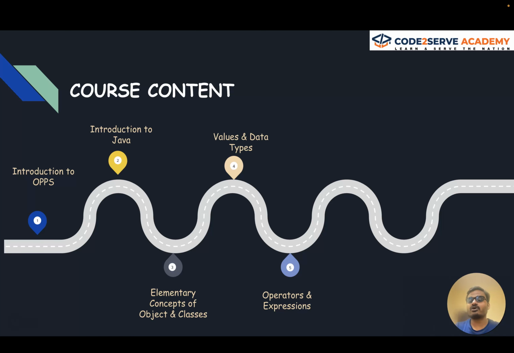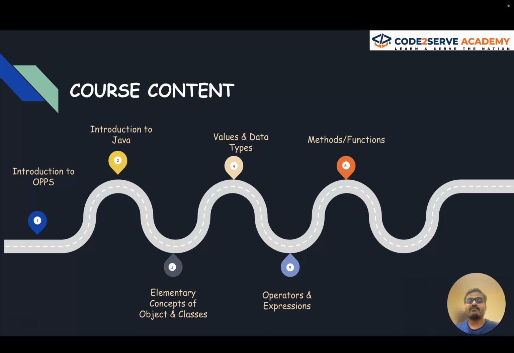Basically here we have some operators, and based on the operator precedence, we resolve which operation is to be performed first. So all these things we are going to cover in chapter 5.